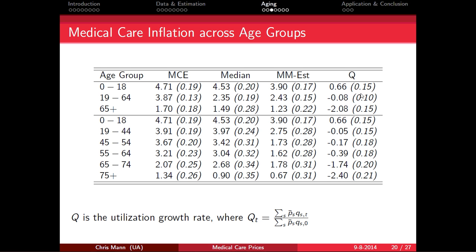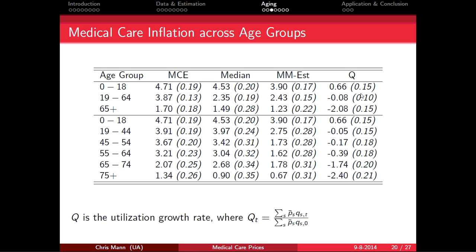Now, for other age categories, then utilization is actually falling, which would indicate that productivity is growing, right? Now, of course, like I said, the way the BLS calculates productivity for the healthcare sector, it's close to about 0% or actually negative, right? Now, here, what we're actually seeing is that when you calculate medical care from a disease treatment perspective, then utilization is falling, meaning that productivity is actually growing.